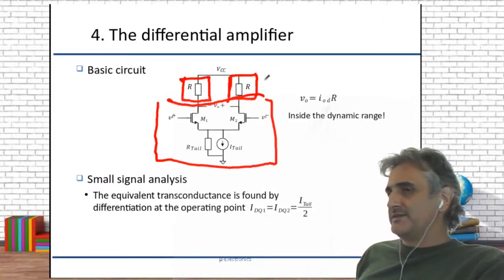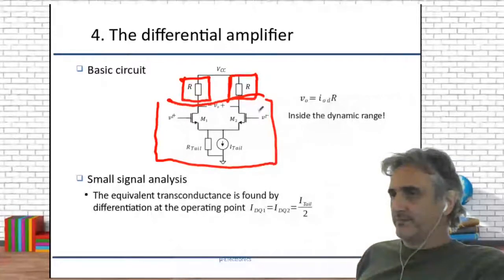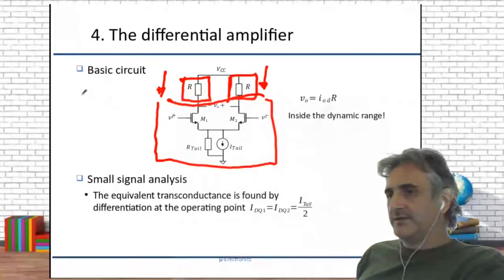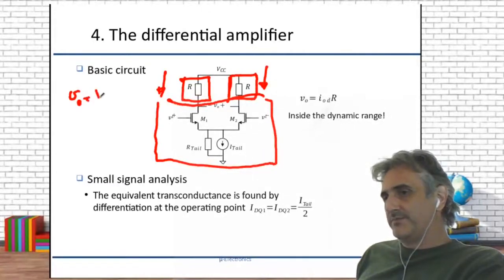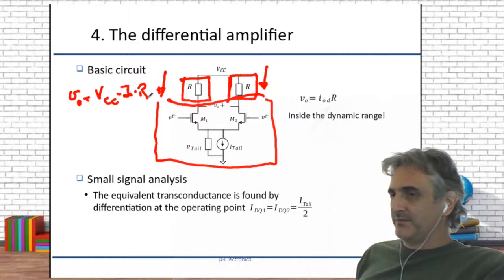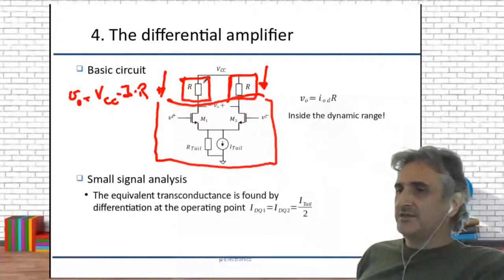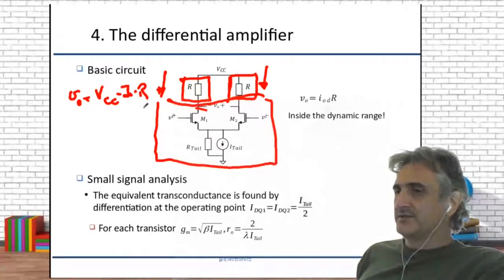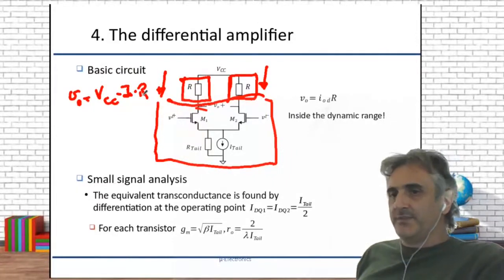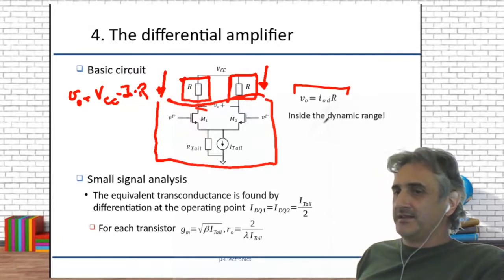The most basic devices that can convert from current into voltage are resistors. So if a current is flowing through here and another current is flowing through here, then the output is going to be VCC minus I multiplied by R. So we are converting these changes in current caused by the transistors into changes in voltage caused by these resistors, assuming that the resistors are such that we are inside the dynamic range.